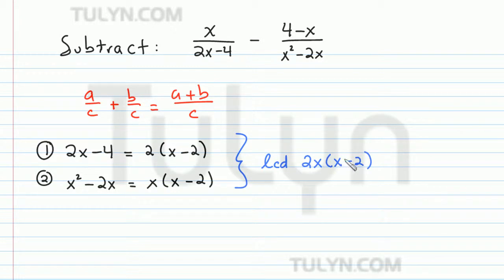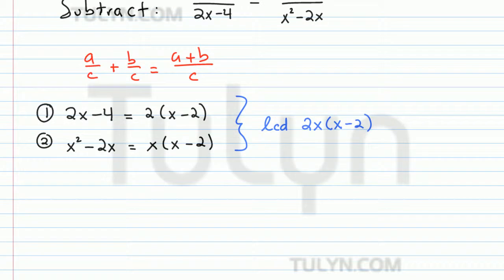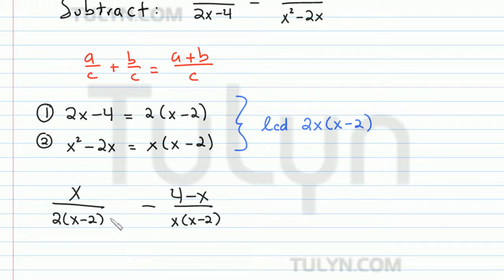So now that we have that, we want the denominators to be the LCD. So let's rewrite this rational expression. So this becomes x over 2 times (x minus 2) minus (4 minus x) over x times (x minus 2). Now, we want each of the denominators to basically be the LCD, right?